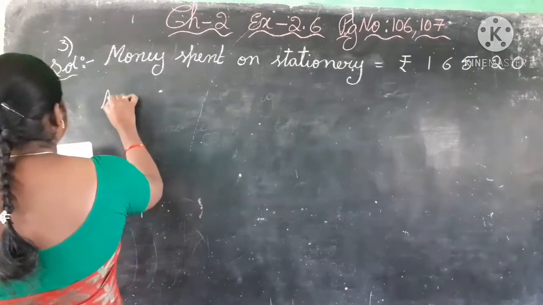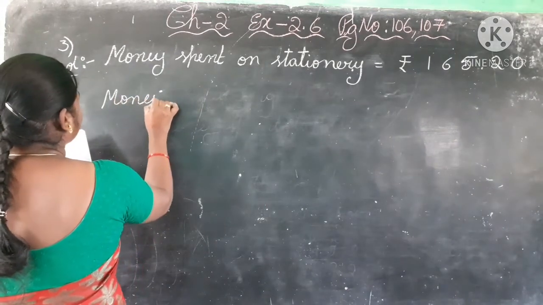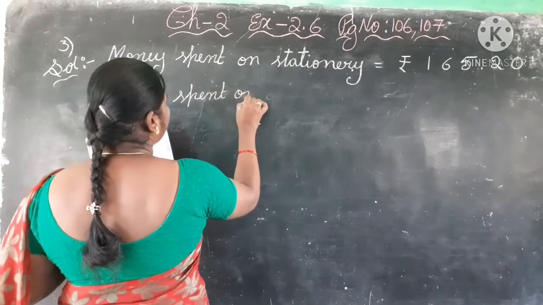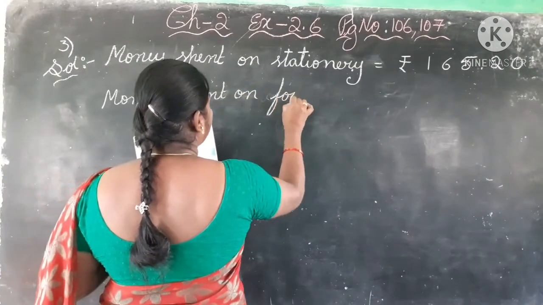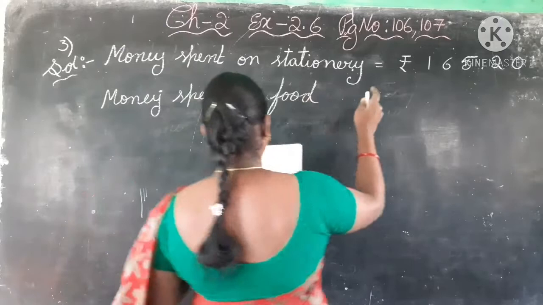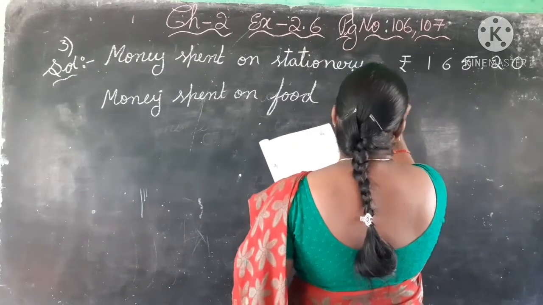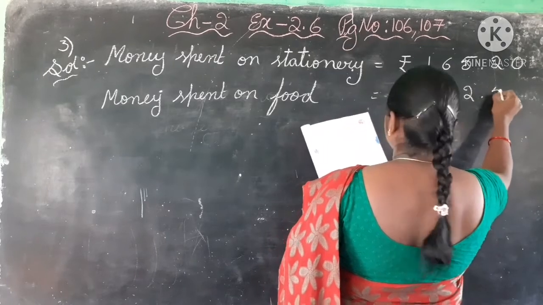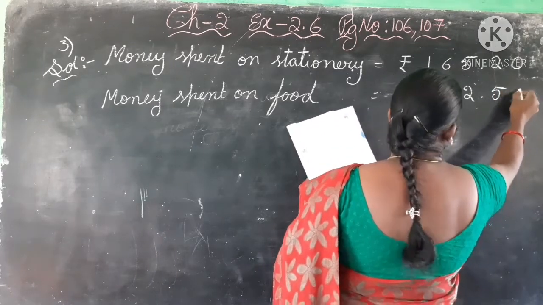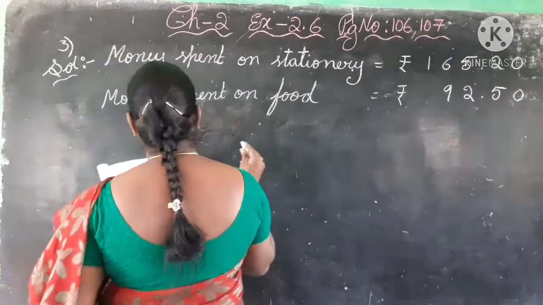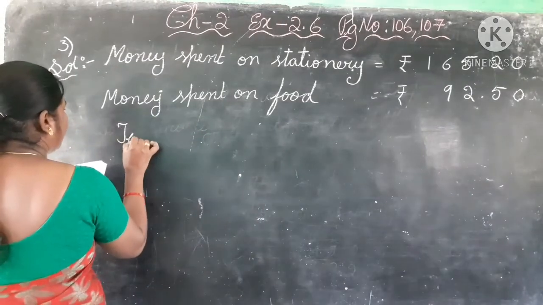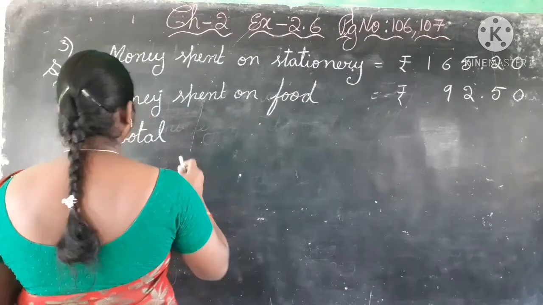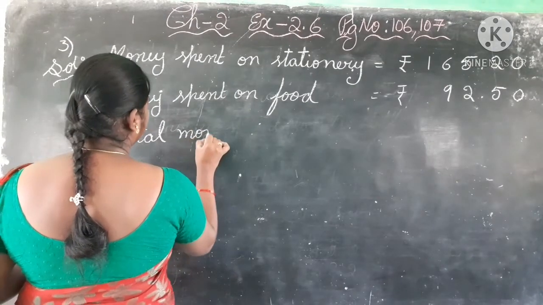Next, money spent on food. For food, how much did he spend? Rupees 92.50. Total money spent.